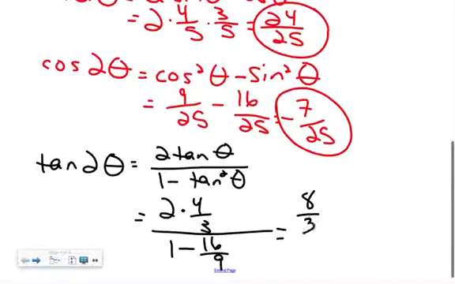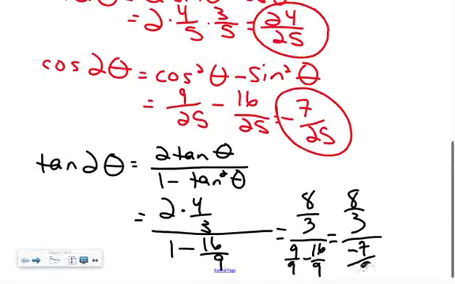In the numerator, I've got 8 over 3. In the denominator, I have that 1 being rewritten as 9 over 9 minus 16/9. So I have 8/3 divided by negative 7/9.